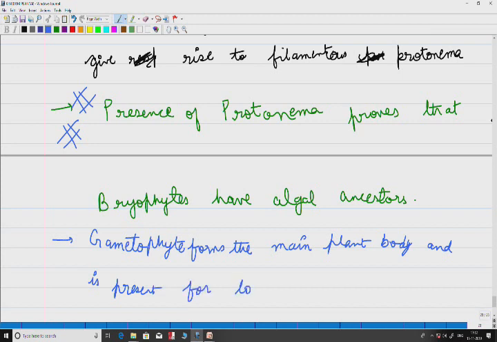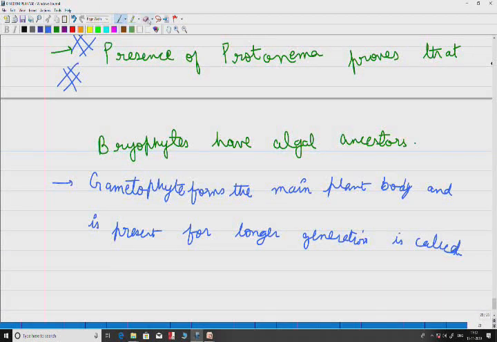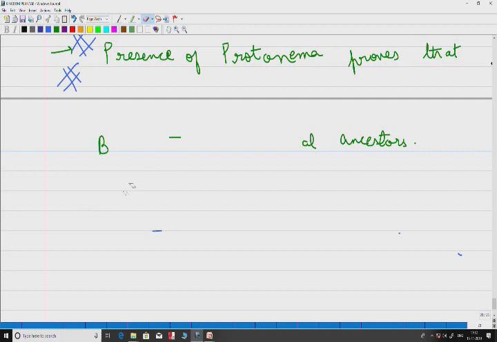That is called gametophytic alternation of generation. Okay, my writing is becoming a bit sloppy at this point. They have algal ancestors.